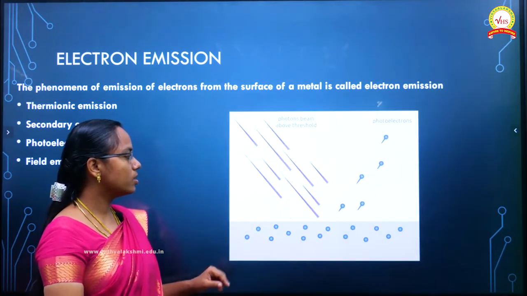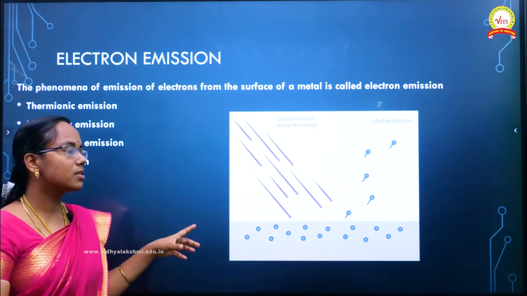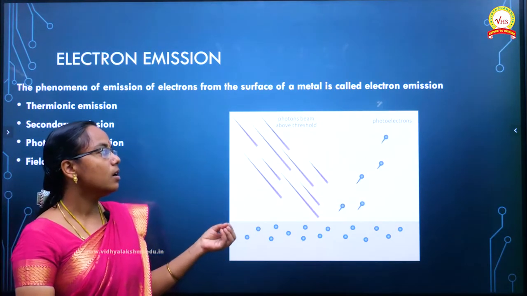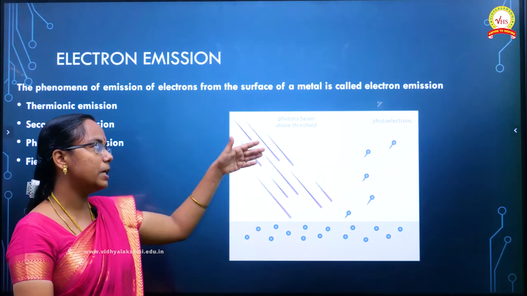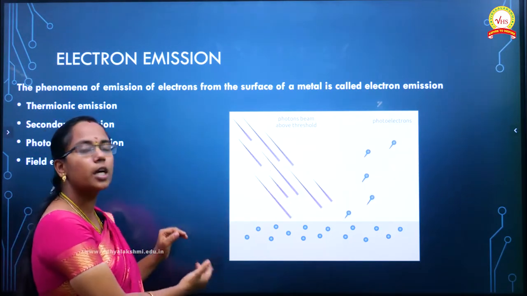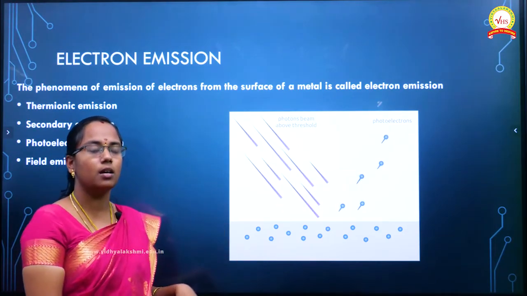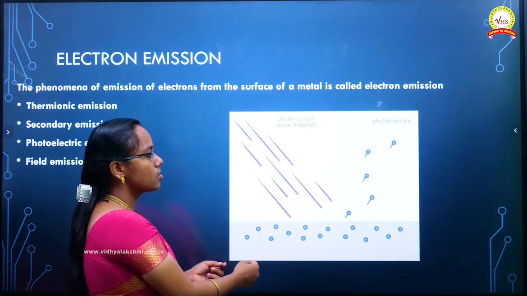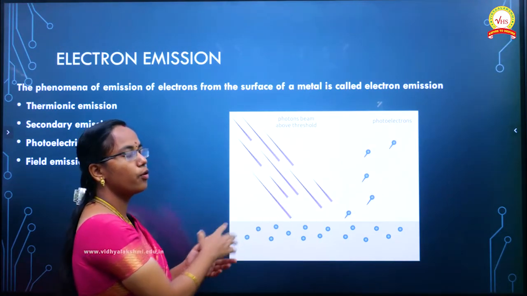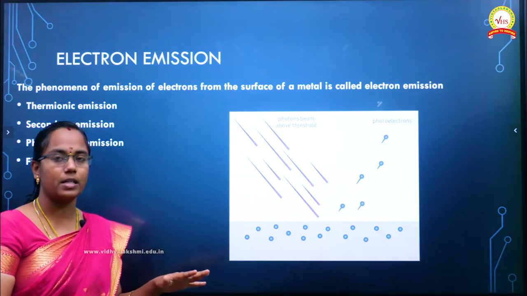This picture depicts how an electron can be ejected out. You can see a photon beam above threshold. We will be learning about this process in our lesson. This is a metal surface, and photons are actually particles of light wave.